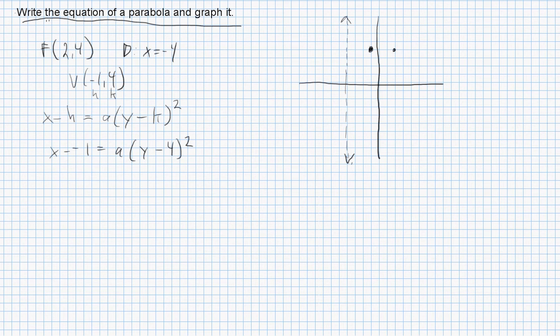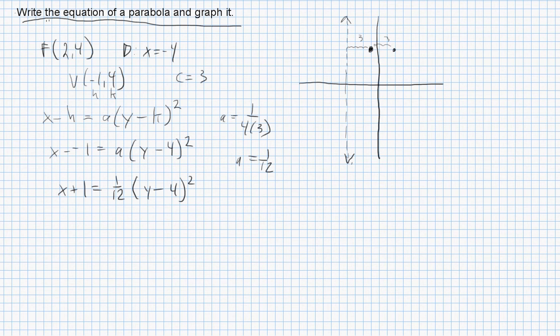The focal distance from the directrix to the vertex is 3, and from the focus to the vertex, also 3. So we use our handy-dandy formula: a is equal to 1 over 4c, 1 over 4 times 3, so a is equal to 1/12. So we've got x plus 1 is equal to 1/12 times the quantity y minus 4 squared.